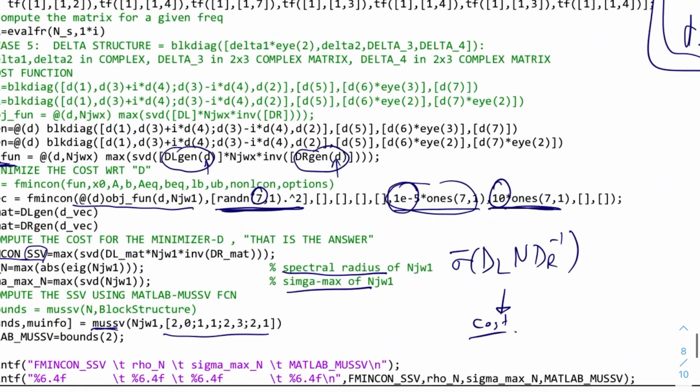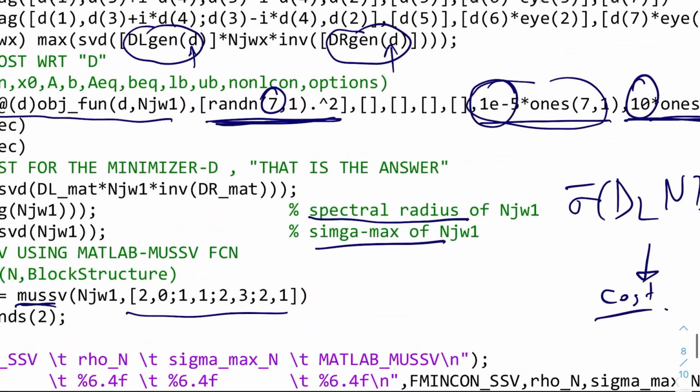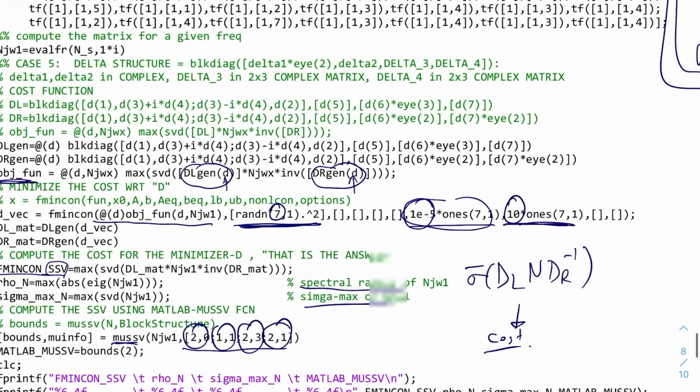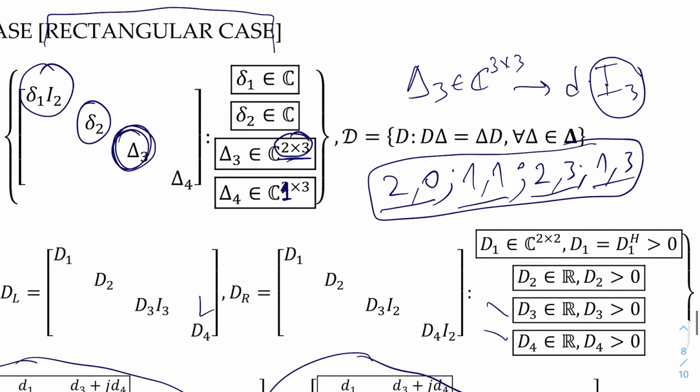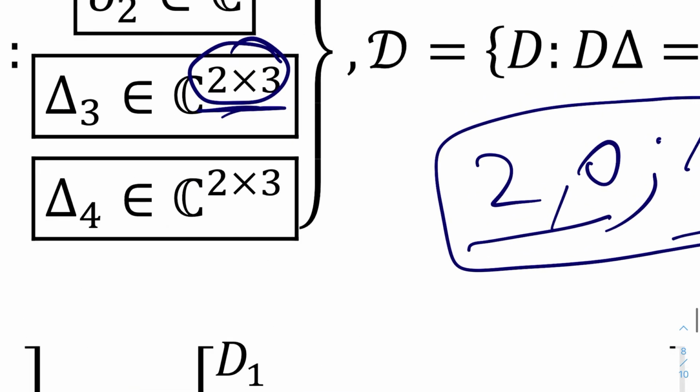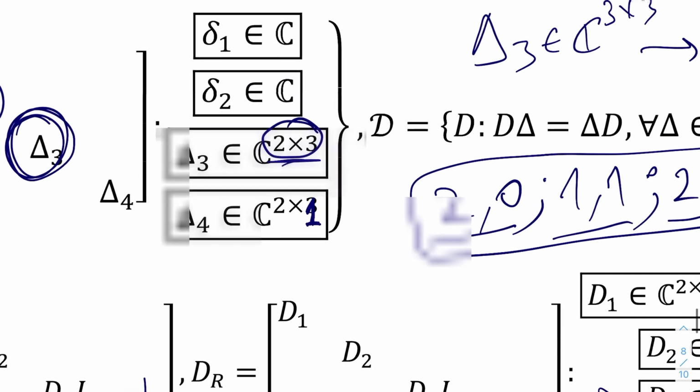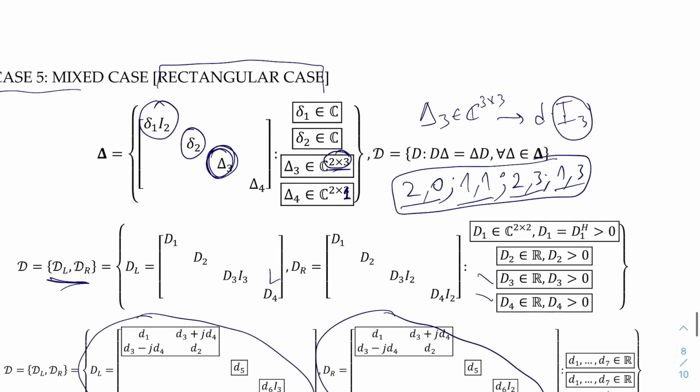So 2 0, 1 1, 2 3, 1 3. Sorry, 2 comma 1. That was a mistake. That should be 1.